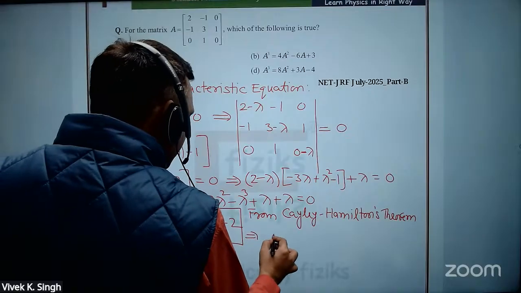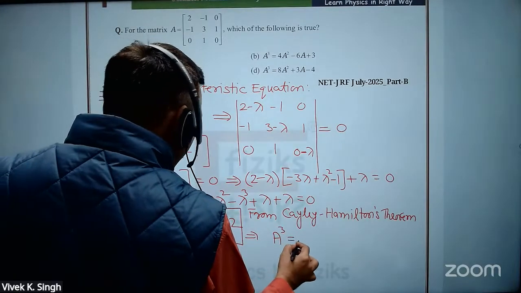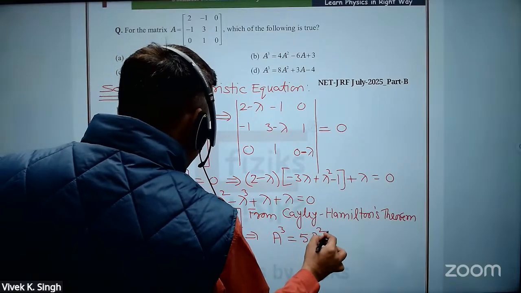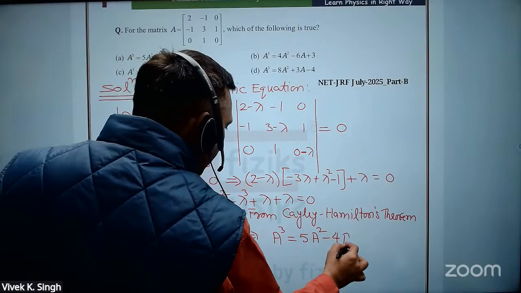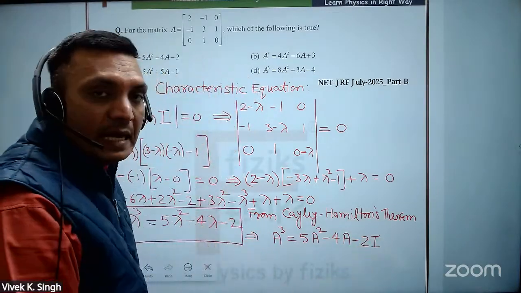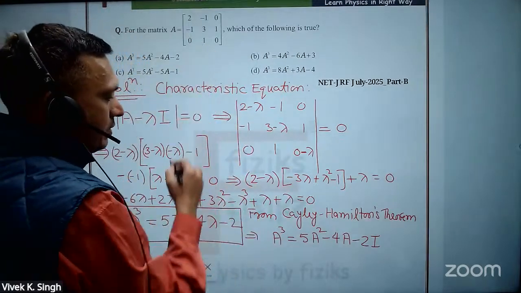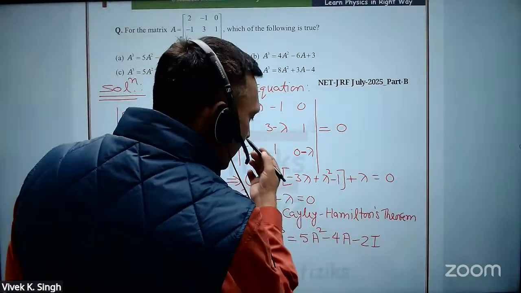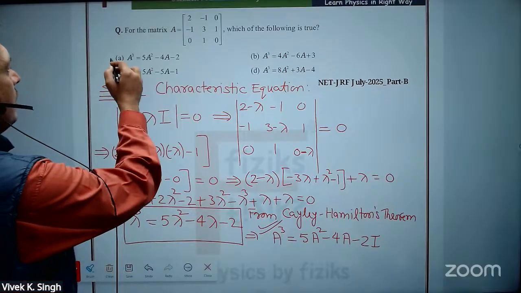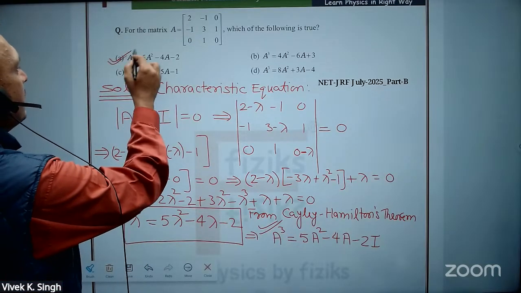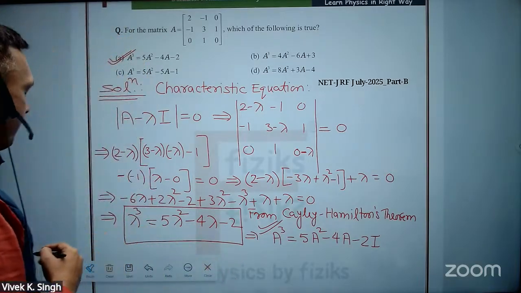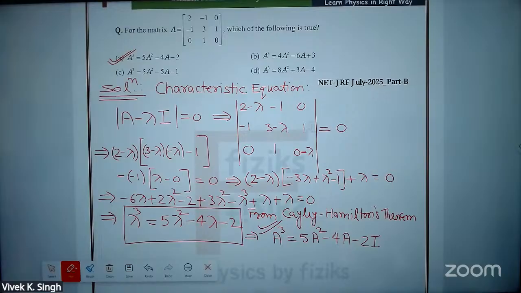So lambda is replaced by A. So this is A cube, 5A square, minus 4A, and here I will write in matrix equation, I is the identity matrix of the same size, 3 cross 3. So you have to identify which one is correct. I think option A is correct. So option A is the correct option. So note it down.